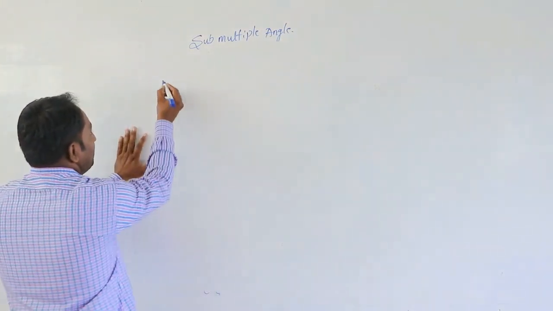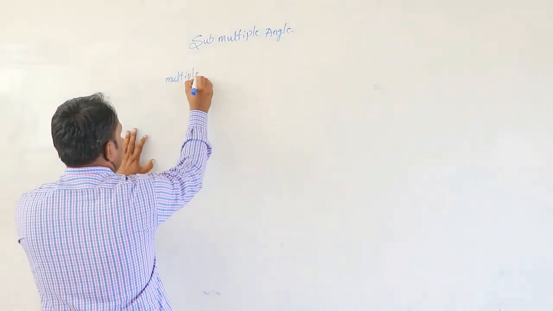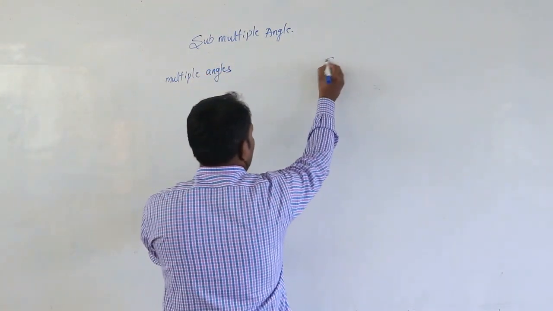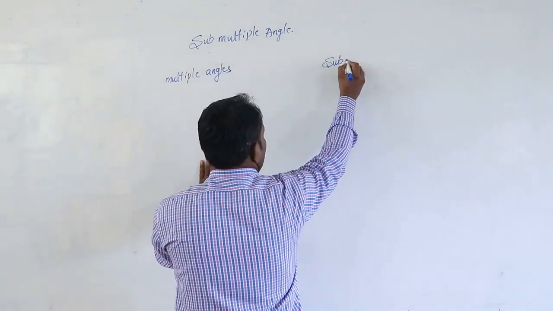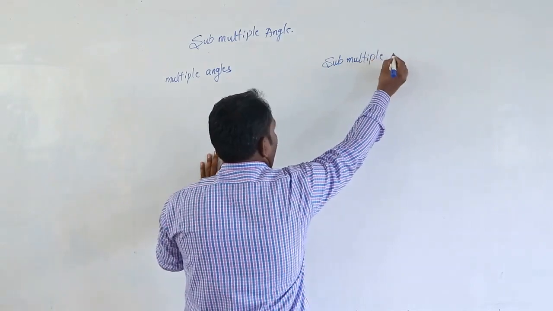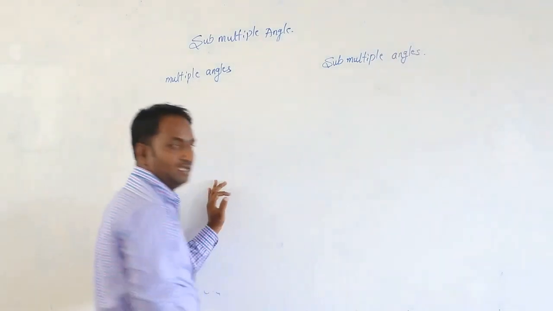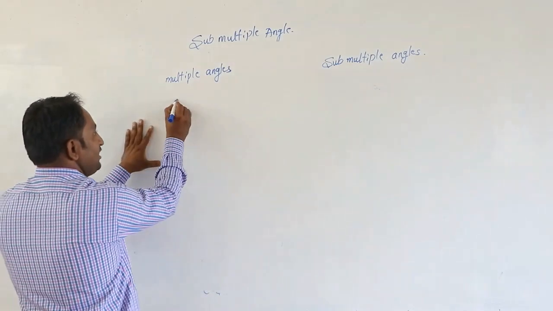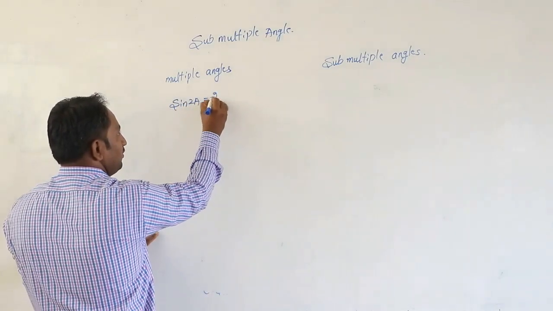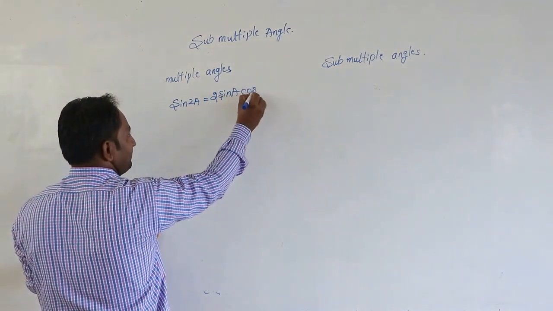Here multiple angles and submultiple angles. Here sin of 2a is equal to 2 sin a cos a.